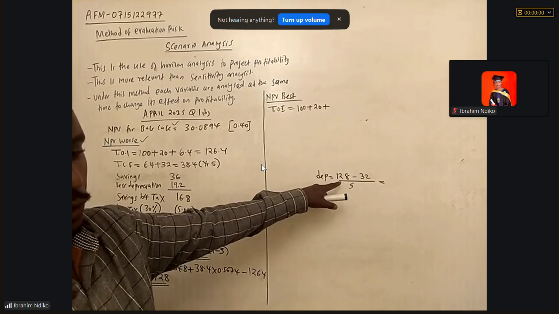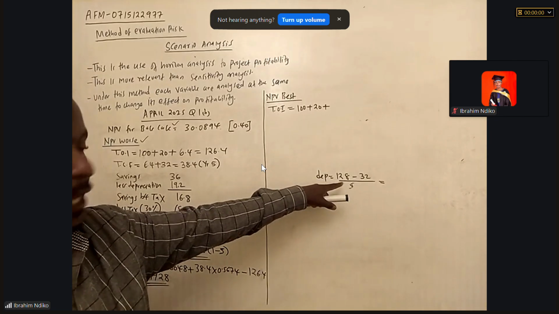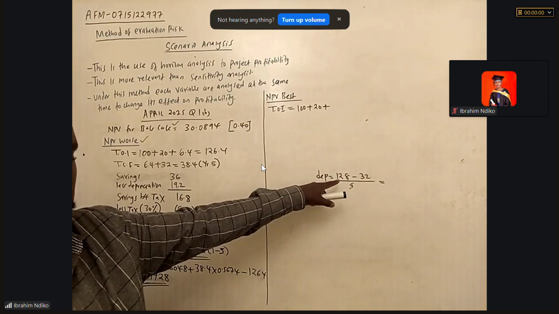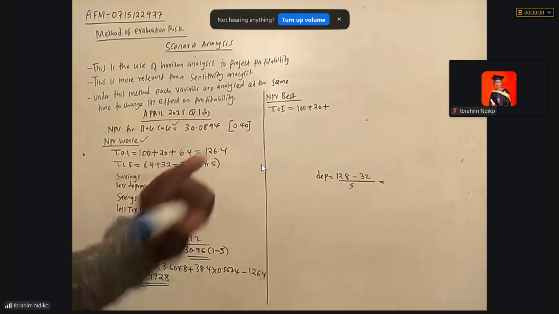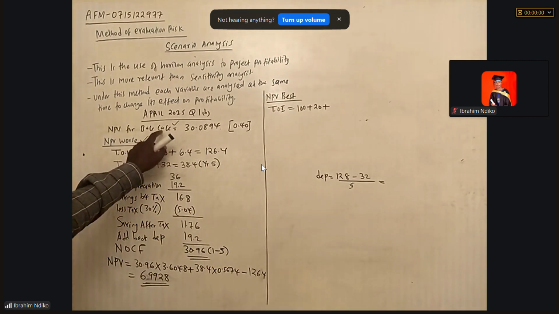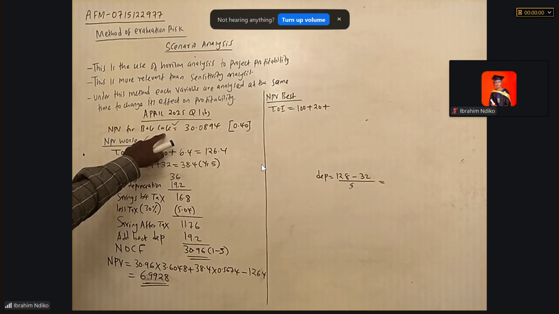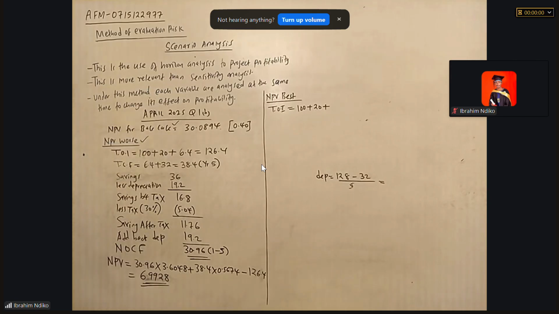This one iko sawa, depreciation effective cost. Ndio. Hebu turudi pale juu tukikalculate hii net base. Depreciation tutumia which figure? 120 ama 128? Tulitumia 128. Tunafaa kutumia effective cost. Effective cost ilikuwa ngapi?